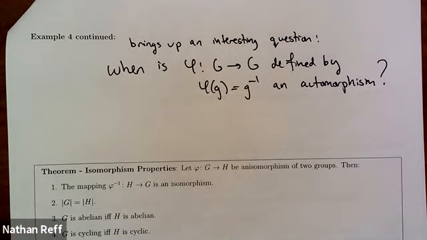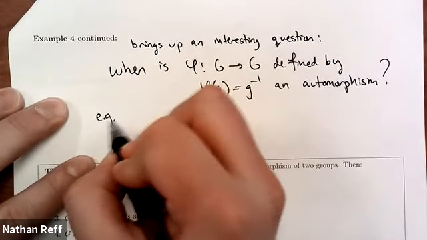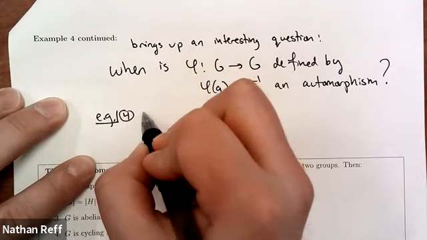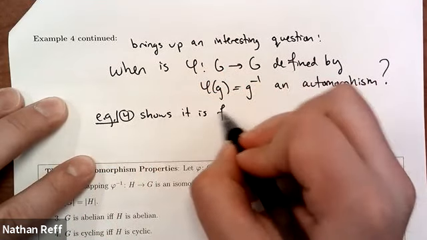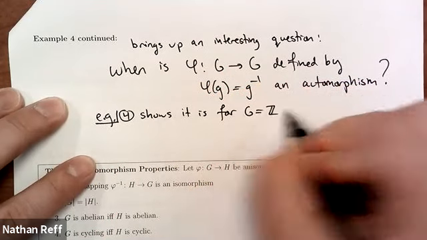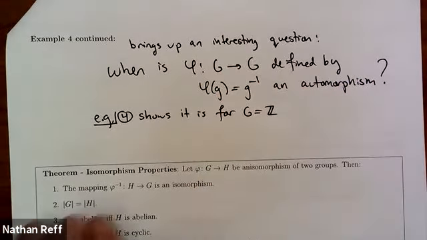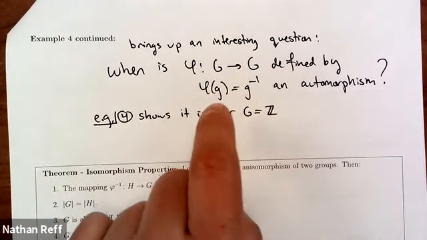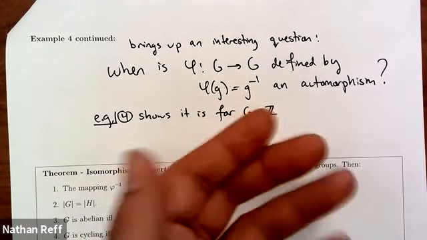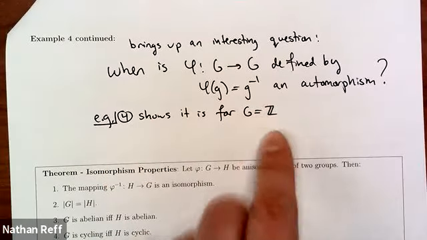Okay, so example 4 shows it is for G being Z, right? Example 4 that we just did, that was the automorphism, right? You sent n to its negative. The inverse happened to be negative because that group was a group under addition.